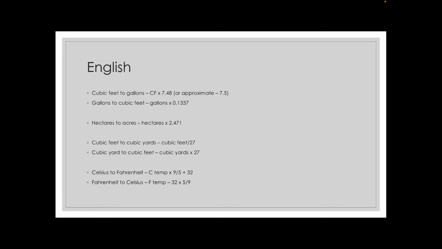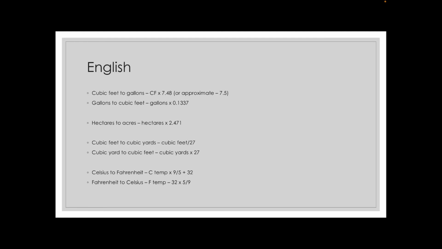All right, these are probably some of the more common ones that you might find. Cubic feet to gallons, which it does seem a little odd to see that one. This is definitely one you can probably look up, but because we have an innate understanding of gallons because of a gallon of milk and those sorts of things, 5-gallon buckets, we kind of get a rough idea of what that is. So 1 cubic foot is about 7.5 gallons.